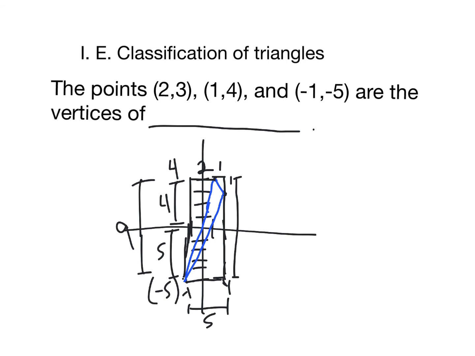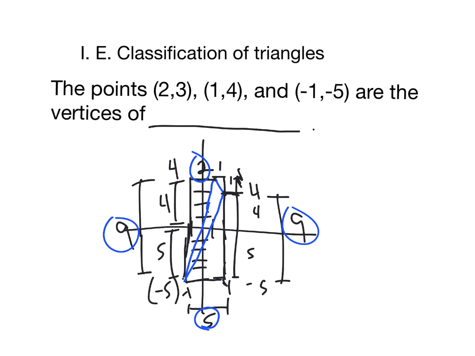And we're going from -5 to here, sorry, -5 to 4. So this part's 5, that's 4, that's 9. So we've got a 5 by 9. The other one was a 9 by 2.